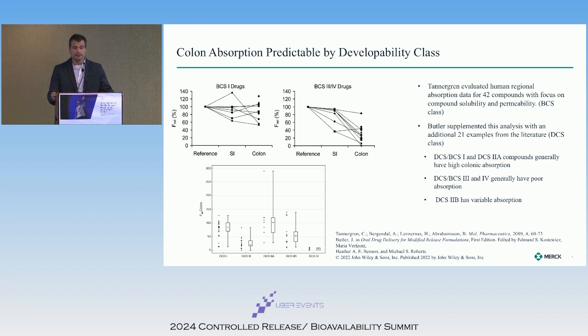And the 2Bs, I called variable. As you can see, the error bars span good to bad, with some pretty big error bars. So you may be in okay shape with a DCS 2B, but that's something you'll have to consider. Also, with a DCS 2B, you most likely have solubility limitations, so you're going to be looking at solubility enhancement as well.